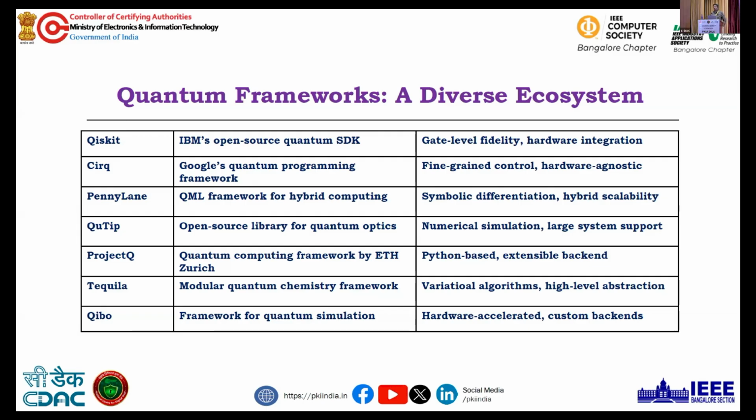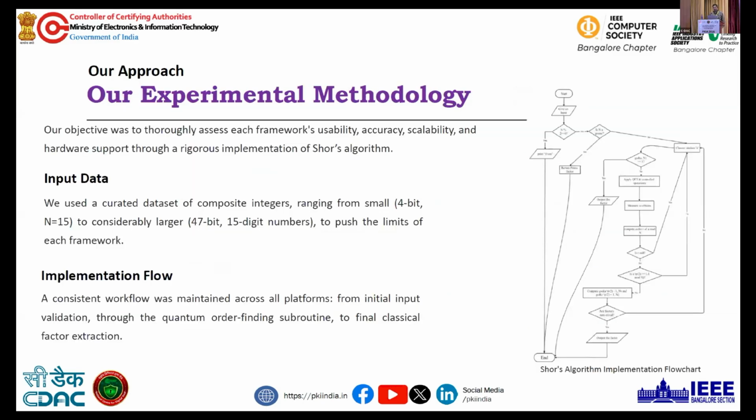Moving to the next slide, we see our experimental methodology. On the right side, we see our Shor's implementation flow chart. To keep our study narrow, we use the same methodology across all the frameworks.